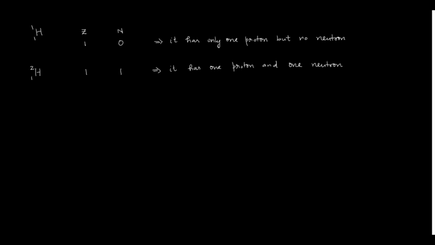This is deuterium. Okay, and tritium, if you take 1 3, it contains atomic number 1 and mass number 3, therefore the number of neutrons is 2. So this is the difference. So it has 1 proton and 2 neutrons.